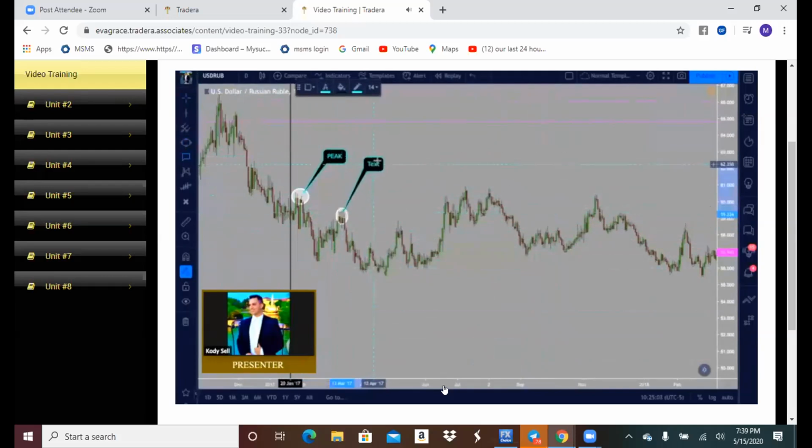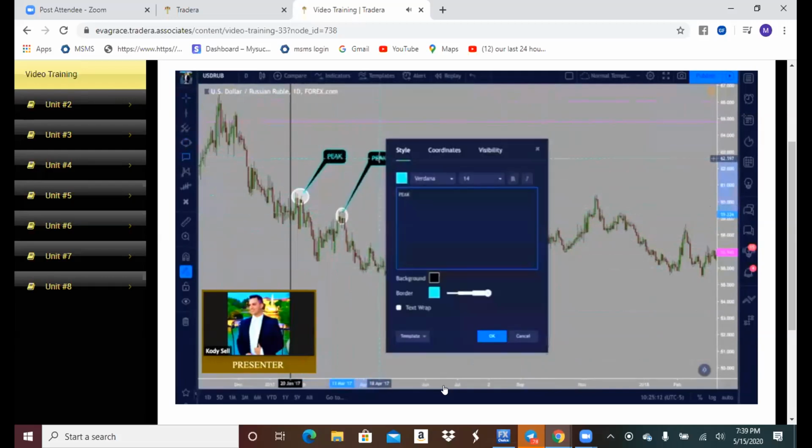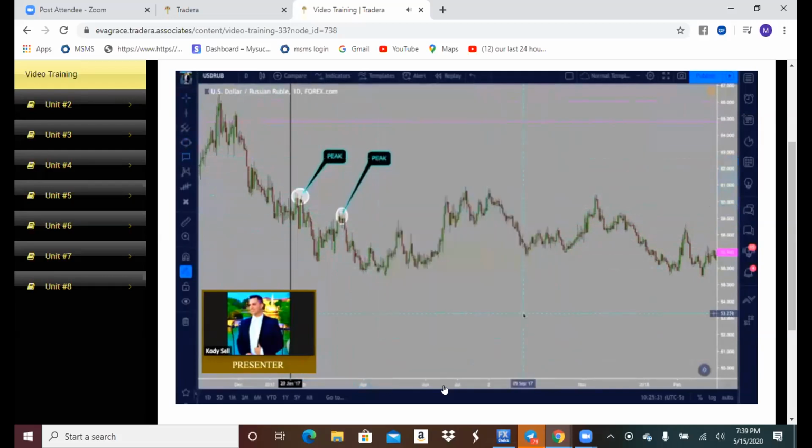So here's our next peak. And similar to support and resistance, how you need at least two identifiers to actually mark your horizontal level, when it comes to trend lines, you also need at least two identifiers to mark your trend line.